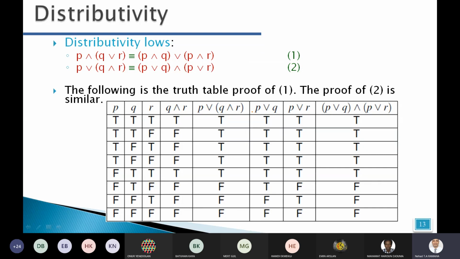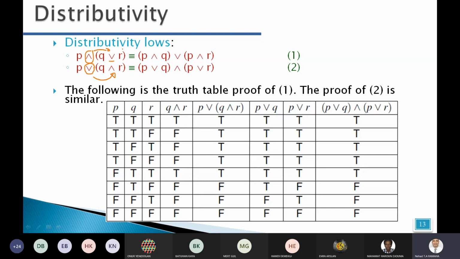We have another law here, which is the distributivity law. This law mentions that you can distribute the AND operator over OR, and you can distribute the OR operator over AND.